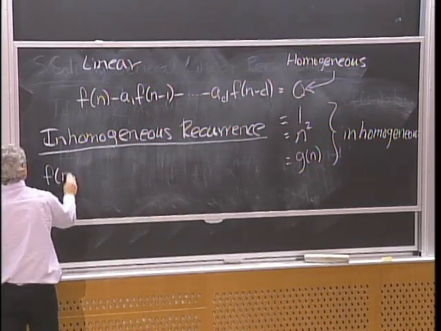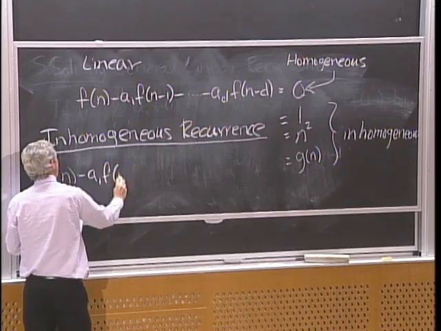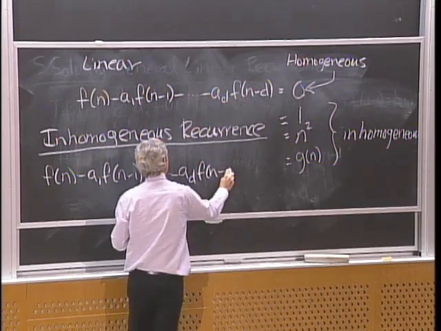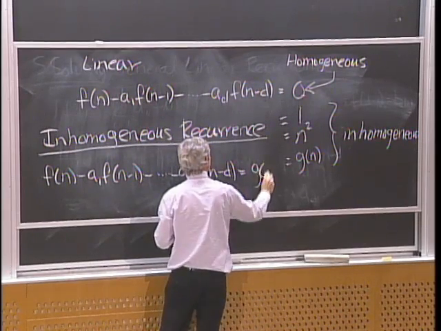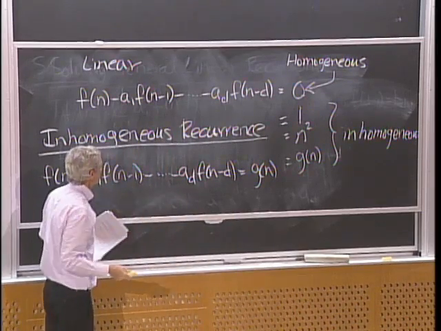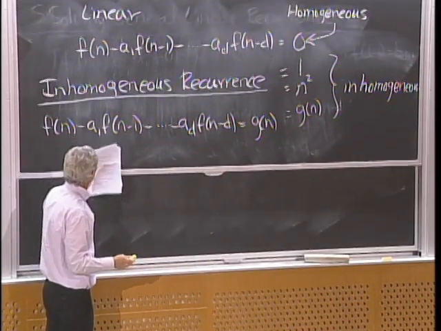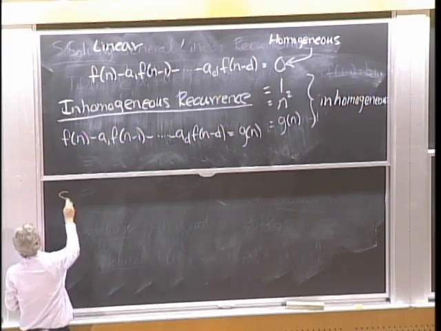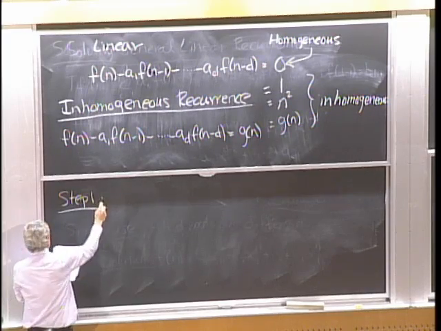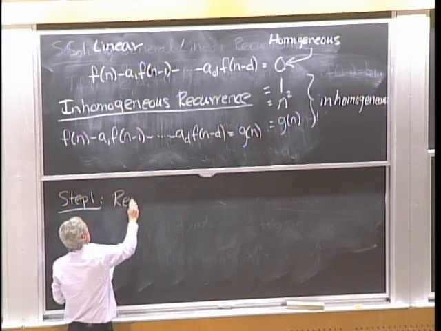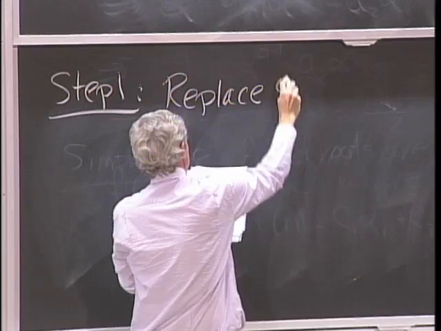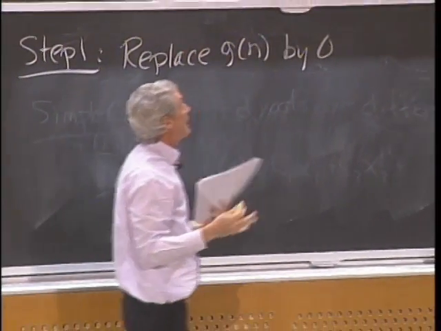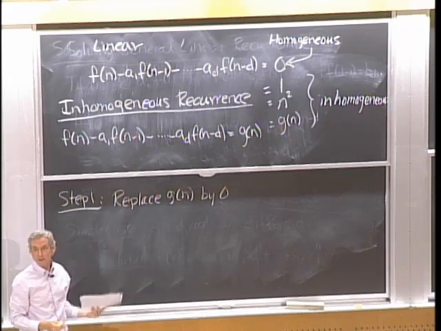It's f of n minus a1 f of n minus 1 minus a sub d f of n minus d equals g of n, where that's some fixed function of n, nothing to do with f. And we solve it according to the following three-step method. In step 1, we replace g of n by 0, thereby creating the situation we already know how to solve.